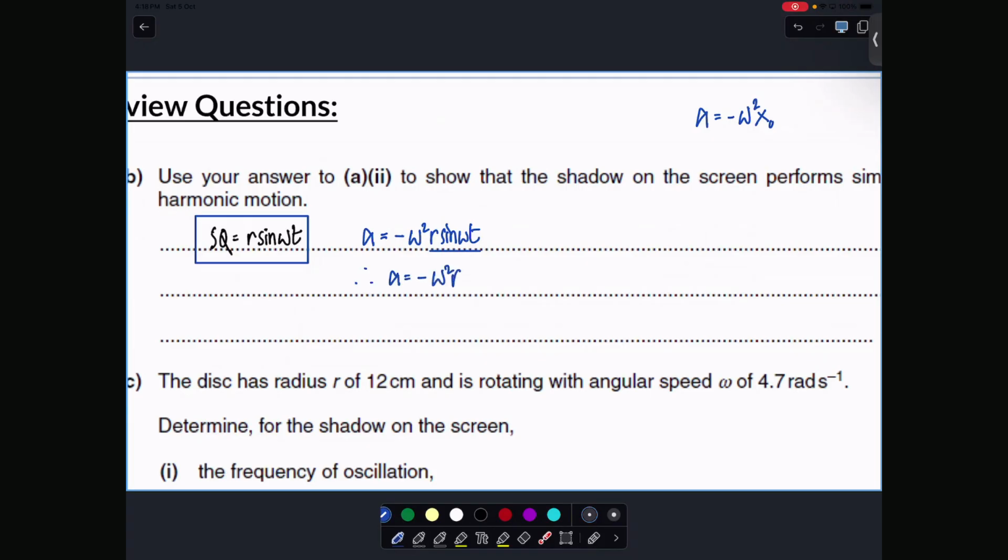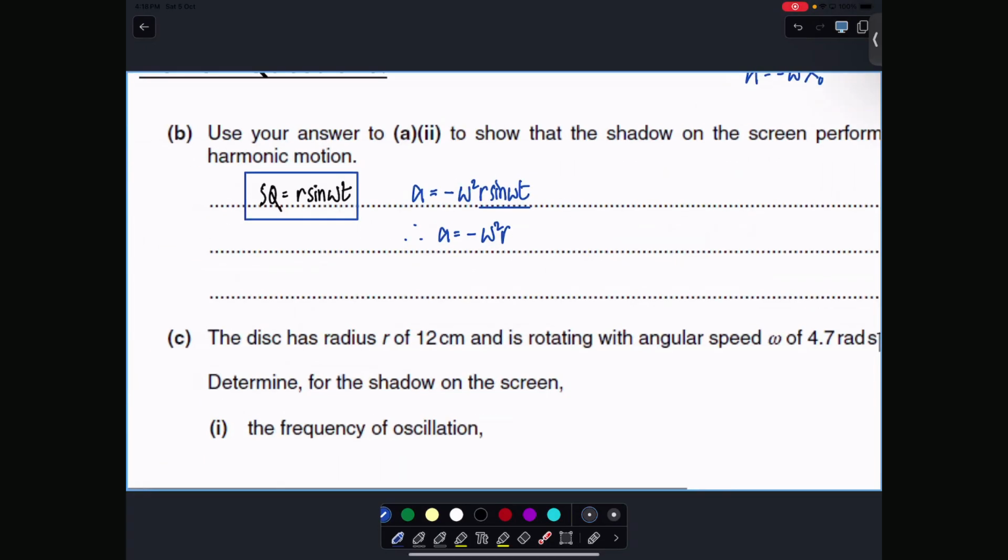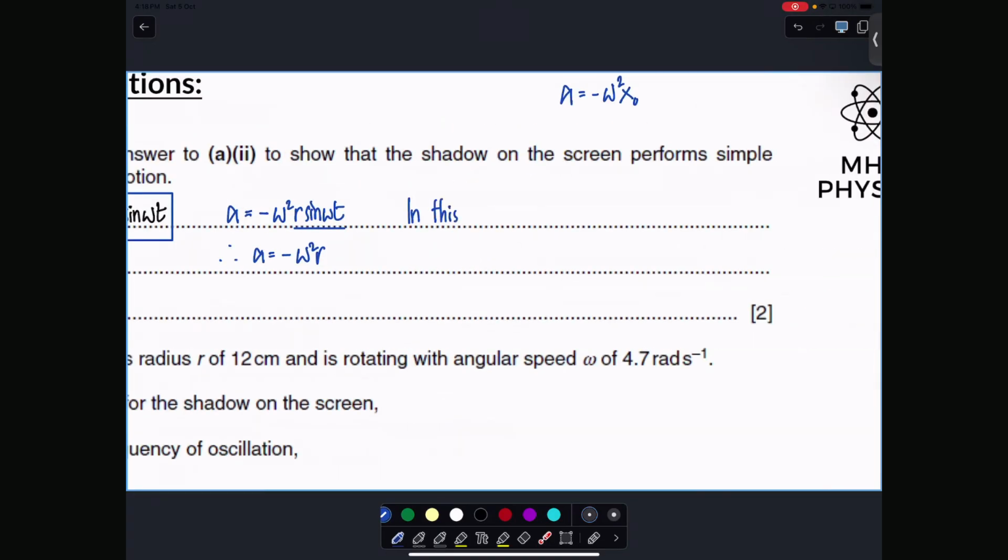And then what you write is that in this motion, acceleration is directly proportional to displacement.